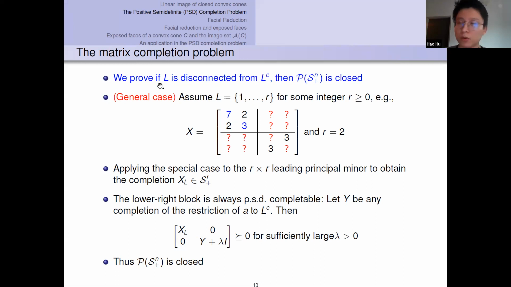Now, by our assumption, L and L complement are disconnected. So we have the freedom to choose whatever values we wish for those off-diagonal blocks. So in particular, we choose them to be 0 here. And such a completion is positive semi-definite, which shows that the set is closed in the general case.